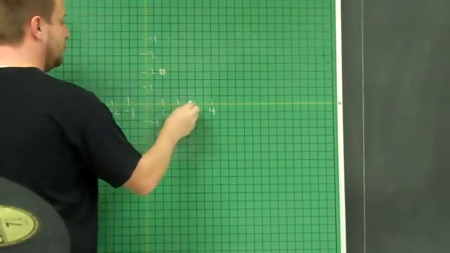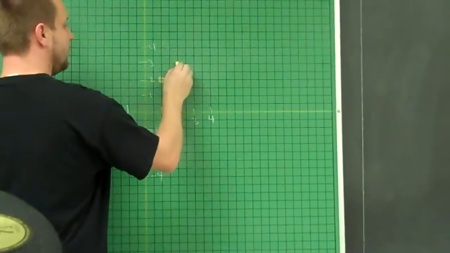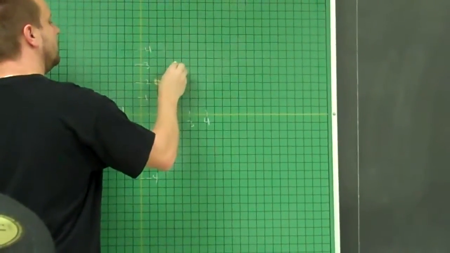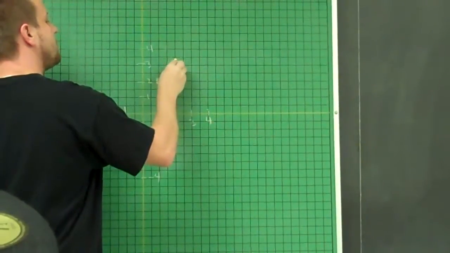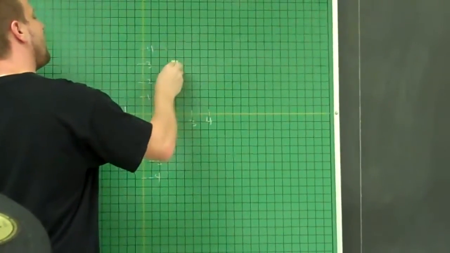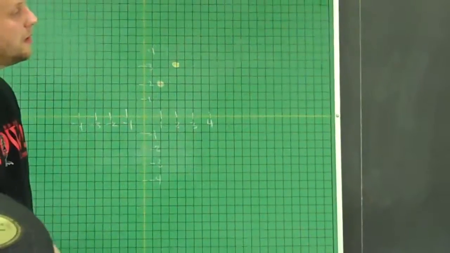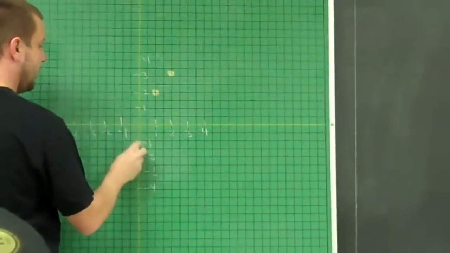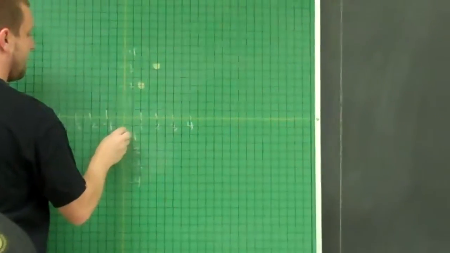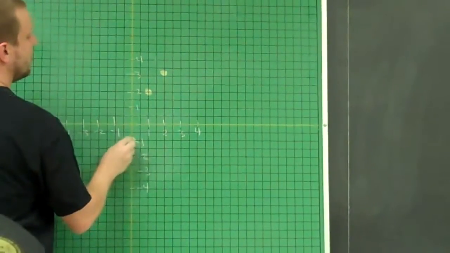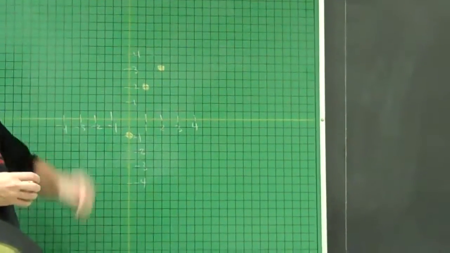Cool. And the point 2 comma pi. So pi is a little bit bigger than 3, up there somewhere. And 0, negative 1. And those 3 points by themselves, that's my f of x, right?